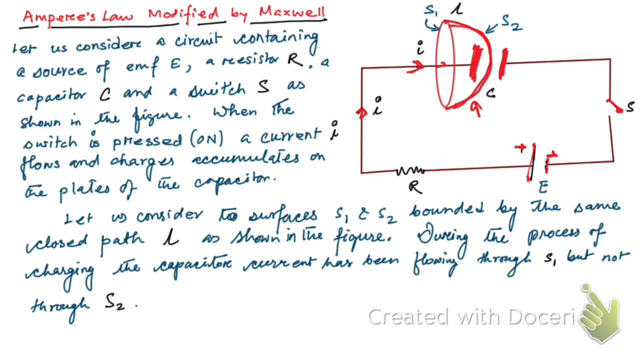Here Maxwell explains this. He said that a changing electric field also produces a magnetic field. When current I flows through this circuit, the capacitor starts charging and charge accumulates on it. The capacitor has a finite capacity, so when it is fully charged, no current will pass through the circuit.